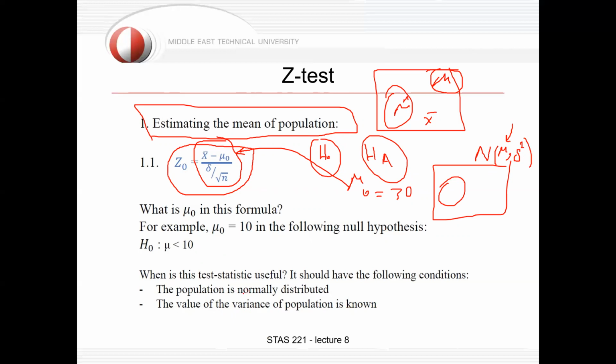So two conditions: the population is normally distributed and the variance of the population is known. Here is the standard deviation, so I should take the square root of the variance in order to assign it to this formula. That's the case where you should use it.